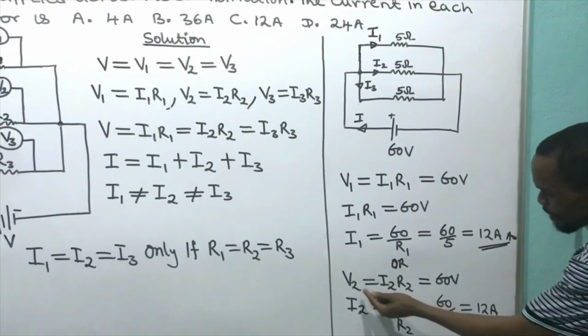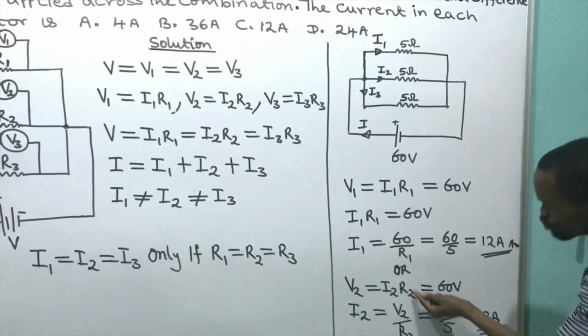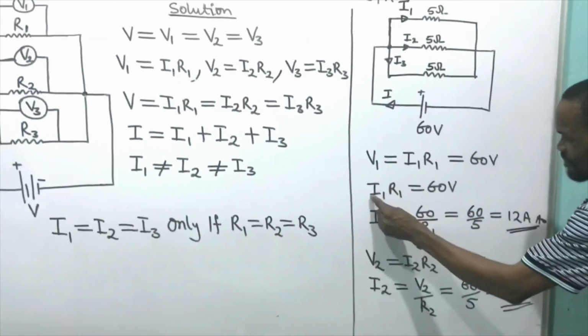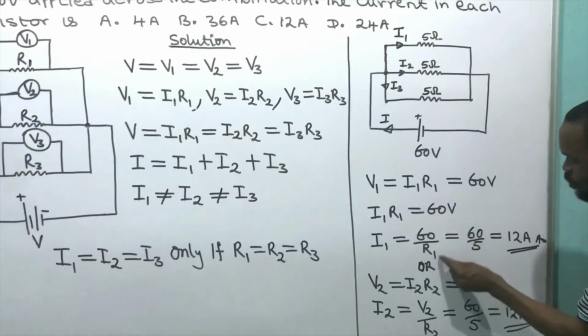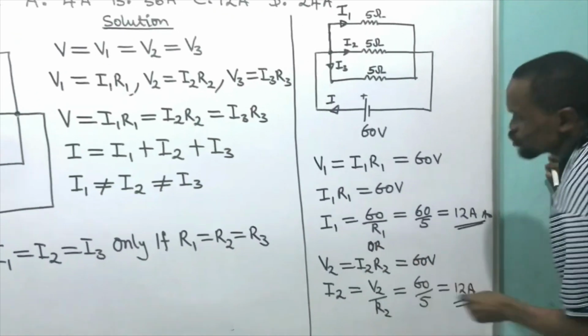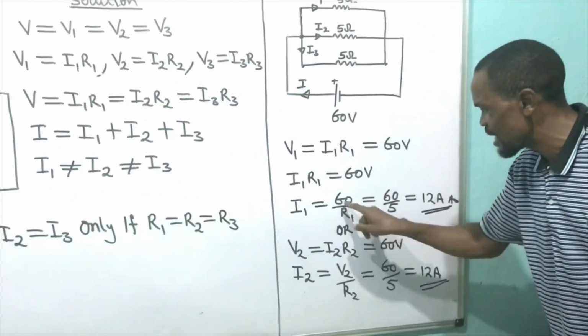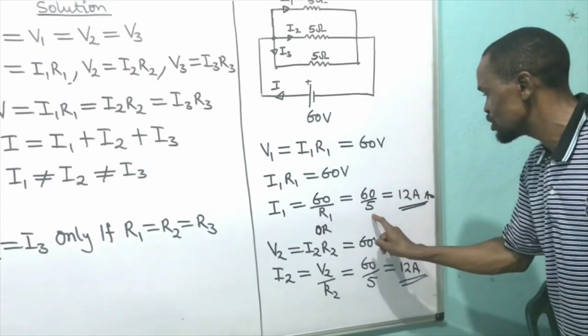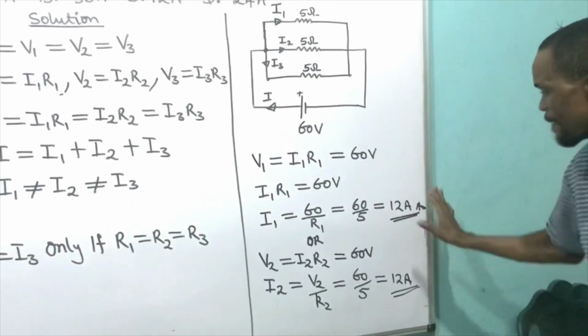How did I do that? By dividing by R2, the same thing I did here by dividing by R1. Dividing this by R1 gives me current 1. Then what I will have here is 60 divided by R1. R1 is 5 ohms, so 60 divided by 5 gives me 12 ampere.